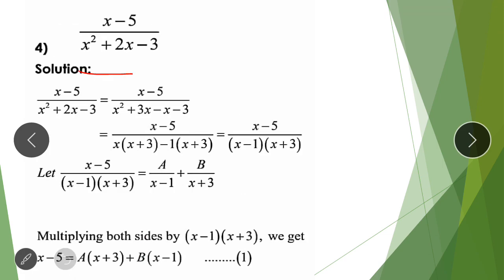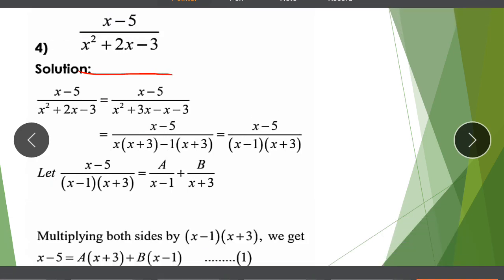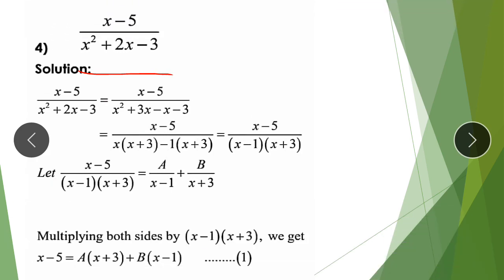Now we can see here that the denominator is not factorized, so we have to first factor the denominator, and of course this is a proper fraction. Here we can see that there are 3 terms, and 3 terms can be solved by middle term splitting. So we have to find such numbers that by multiplication we get 3, and by addition and subtraction we get 2. So 3 times 1 is 3, and 3 minus 1 will result in 2.